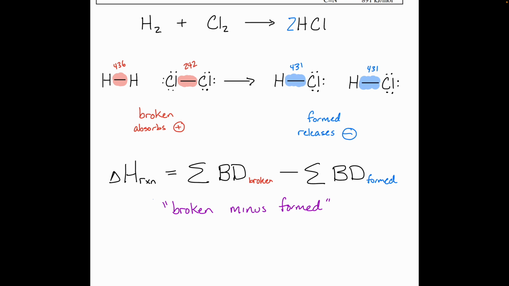All right, and you should go back to that logic that we just did with our signage here. That's how we got that formula to begin with. But broken minus formed. BD is the bond dissociation energy from that chart.